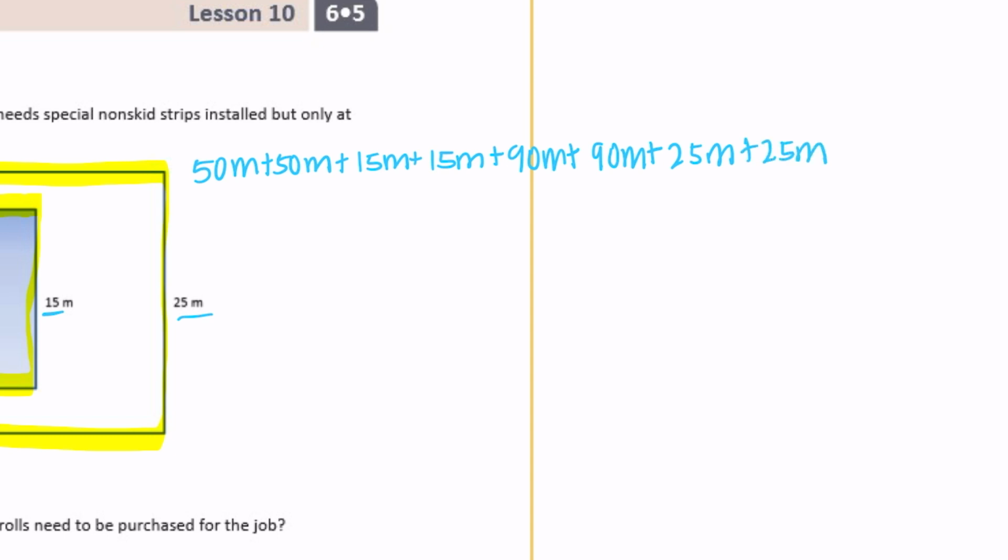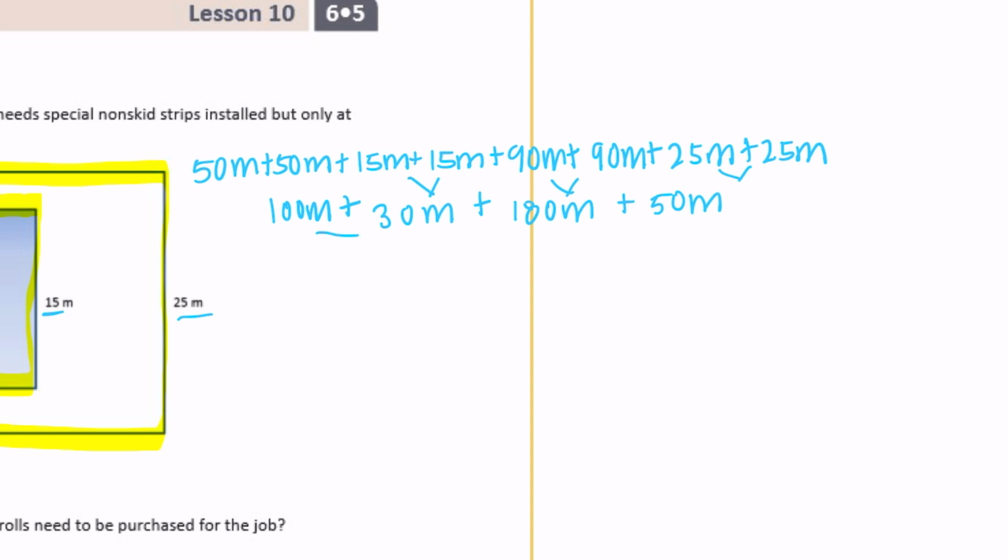So that would account for all of the length around the outside of the pool and around the outside of the walkway. So we would have 100 meters plus, these two would be 30 meters, plus 180 meters, plus 50 meters. So let's add all of those together.